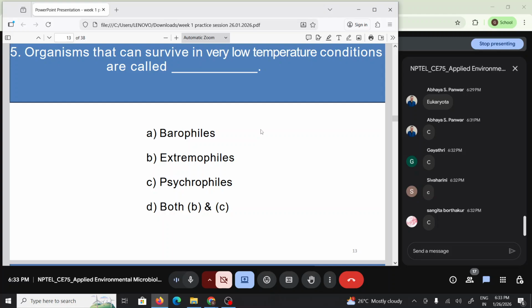Okay, let's see the answer. Before seeing the answer, do you have any idea of what barophiles, extremophiles, and psychrophiles are? You can just type in the chat box, like type baro and what it means, extremo, psycho, whatever, and then type what they are.